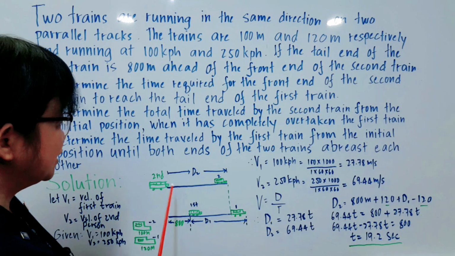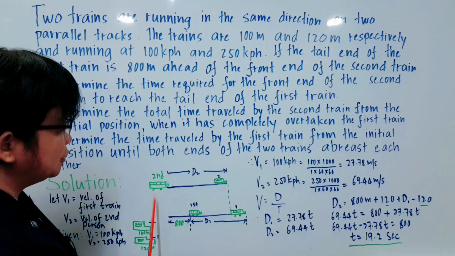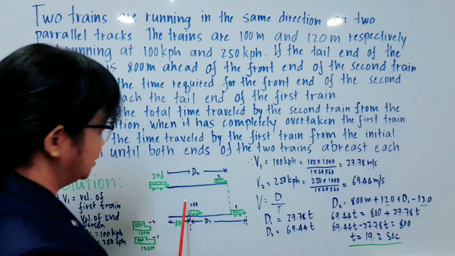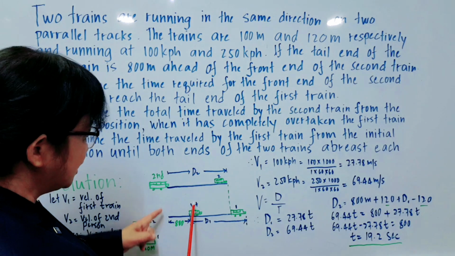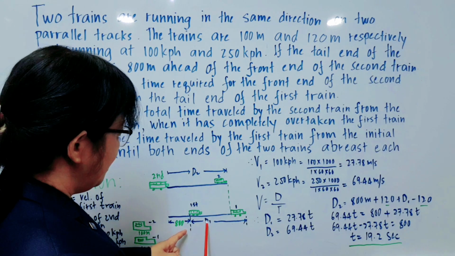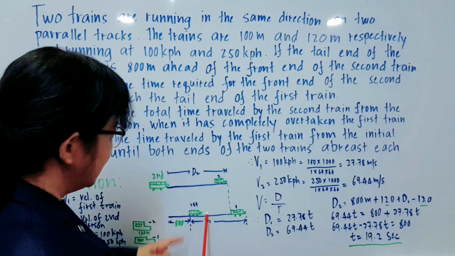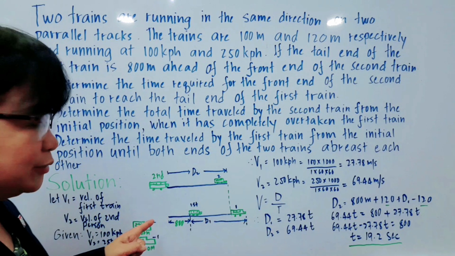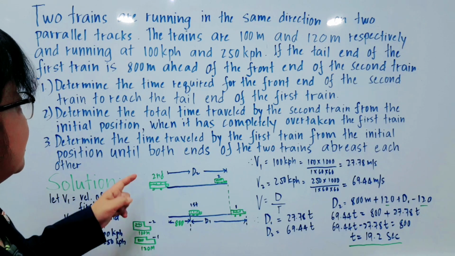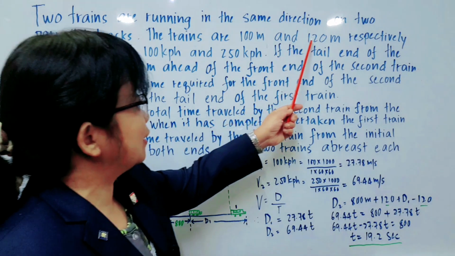Therefore, from this diagram, you can see that D2, which is the distance 2, is equal to 800 meter plus 120, because the length of the first train is 120 meter. It is written here, 120 meter.